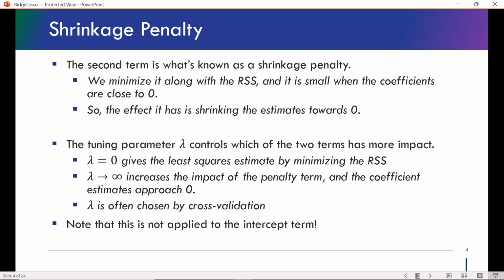This lambda is often chosen by doing cross-validation. Remember how we do cross-validation? We talked about that when we discussed resampling methods for evaluating your model. So you pick lambda by doing cross-validation. I mentioned the penalty is not applied to the intercept term. We only put a penalty on getting bigger coefficients for the predictors.